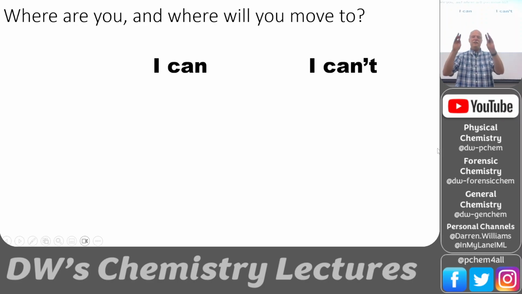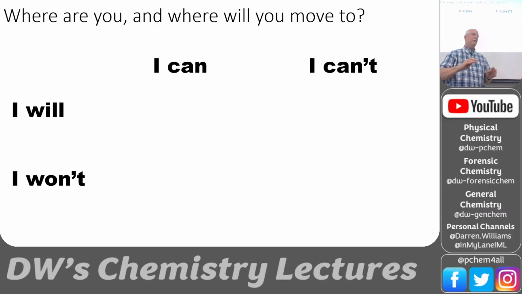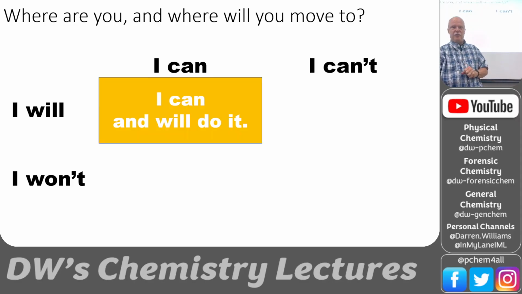There are 2 different kinds of folks, those who can and those who can't. But they're not static. And then there are those other kinds of folks who will and who won't. So you make the grid here. This is the person who can do the work and will do the work, and they're going to be successful in the course. Because what does that mean? I will schedule time in my regular daily life to study and to prepare and to write my reports and so on.